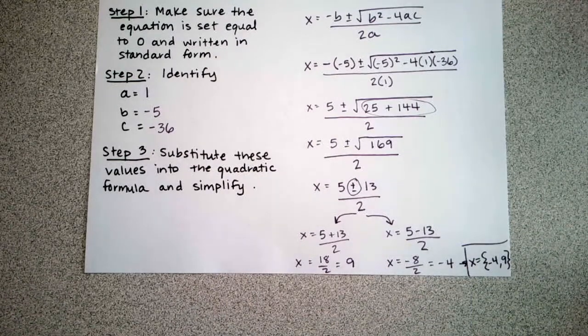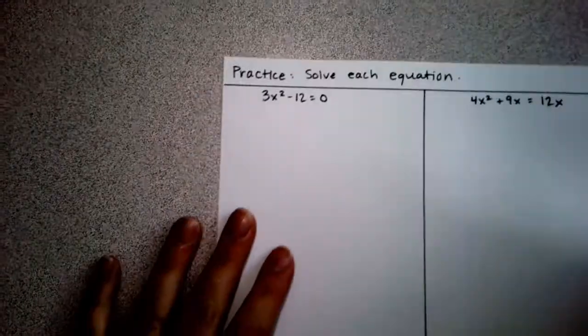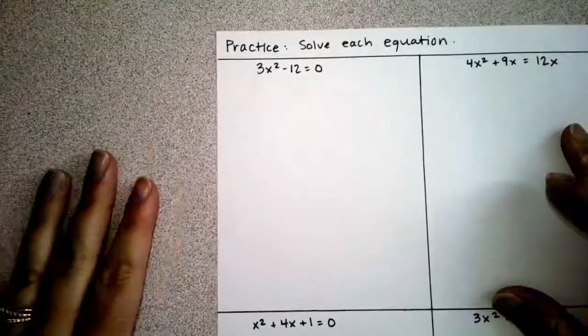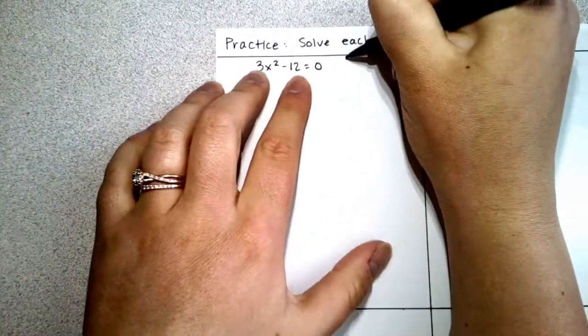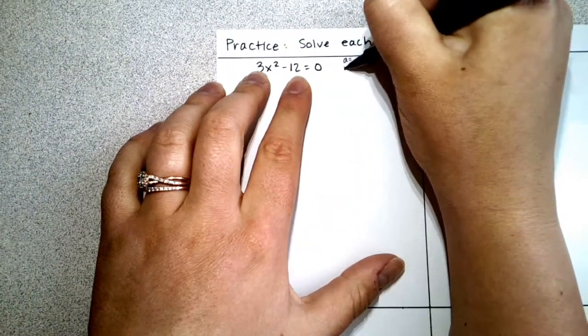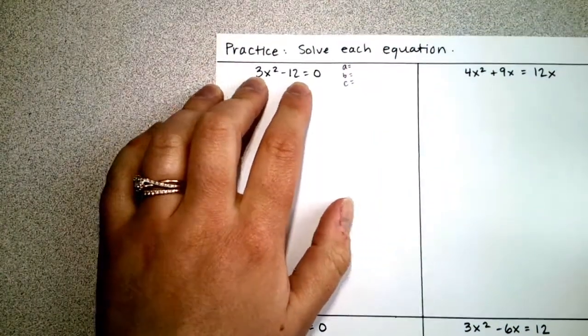All right, so let's do a few more examples using the quadratic formula. So here's our first example. Solve each equation. At first, it would be a good idea to write a equals, b equals, c equals. Later, you might not need to write those down.